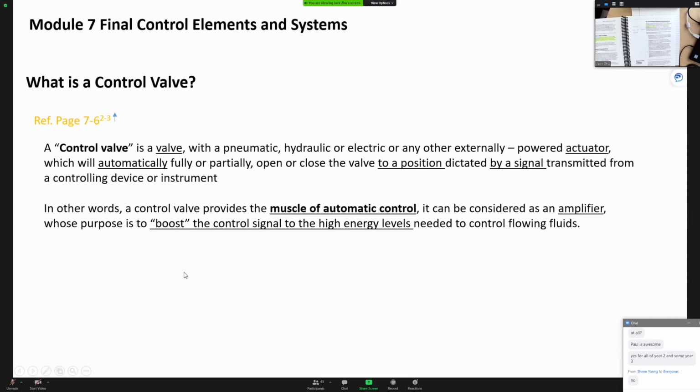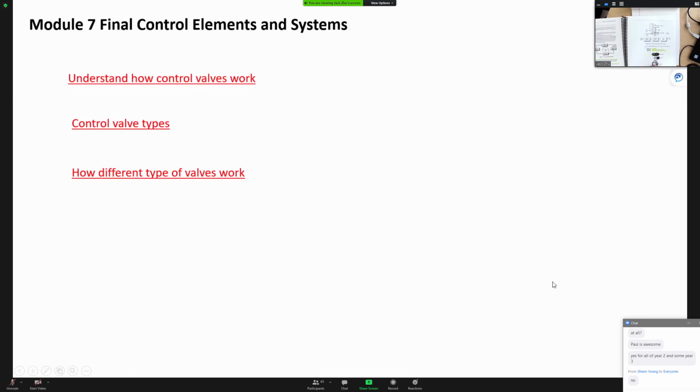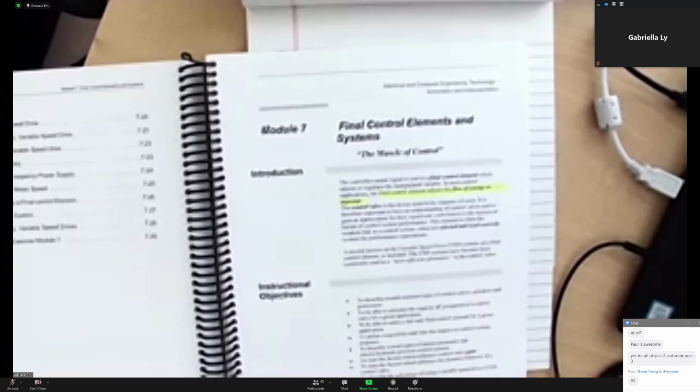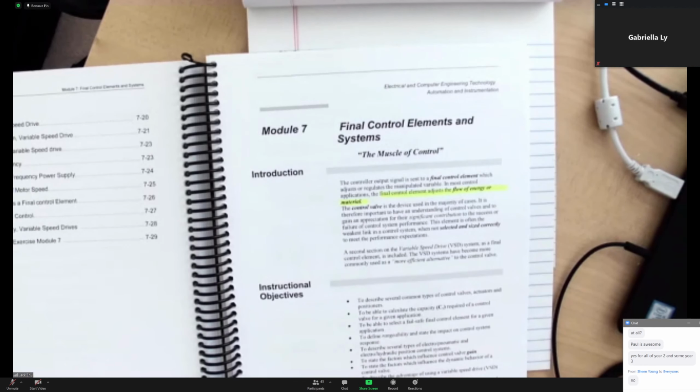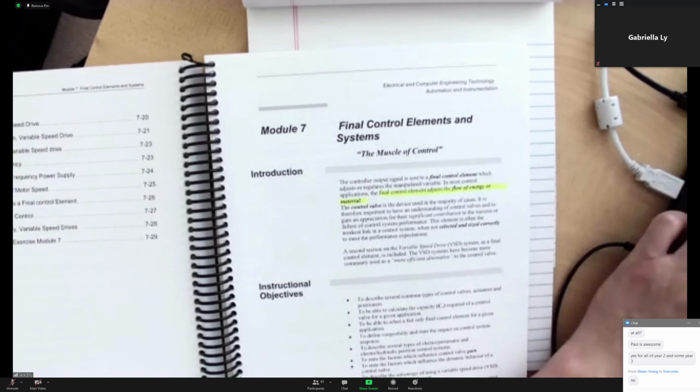It could be considered an amplifier to boost the control signal. There are a few videos we can watch to give you some basic understanding of the control valves.